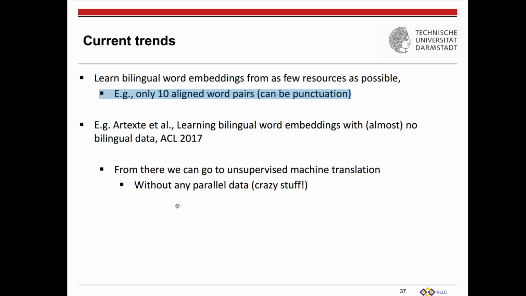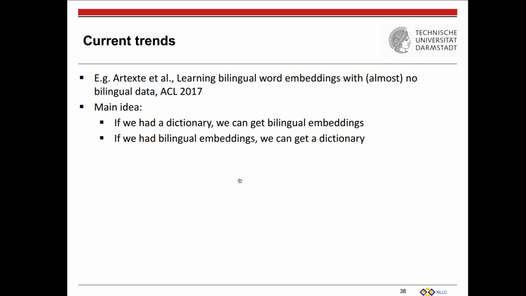So the machine translation model does not at any time see matched up sentences in two languages, but still can do machine translation, right? When that came out in 2018, this was really very surprising to the community.